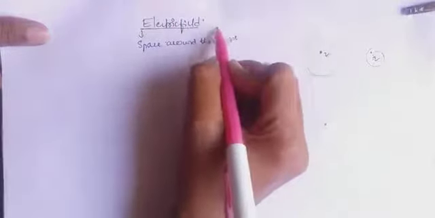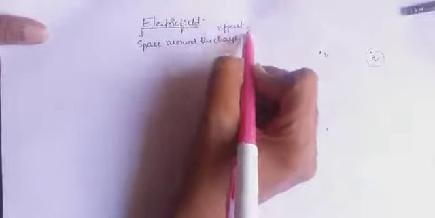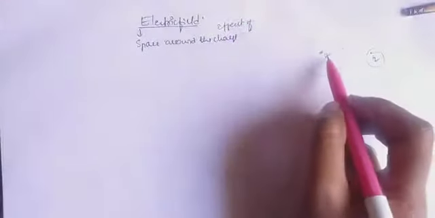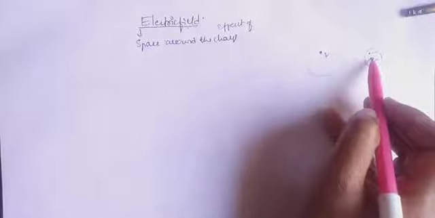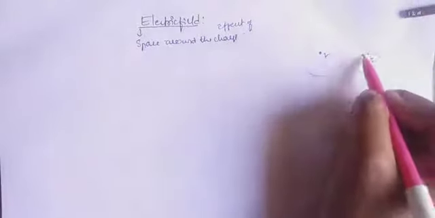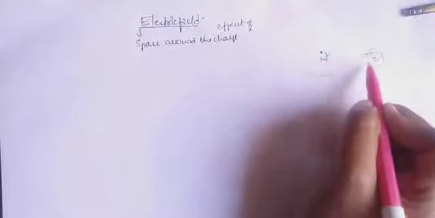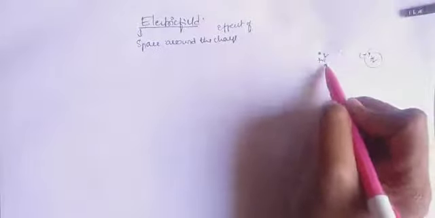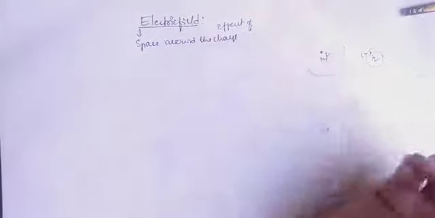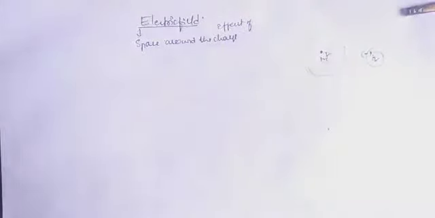So electric field means the effect of the charge, and this effect can be experienced by another charge. That may be an attractive force or a repulsive force, depending on whether the charges are negative or positive. If both are positive, then there exists a repulsion.